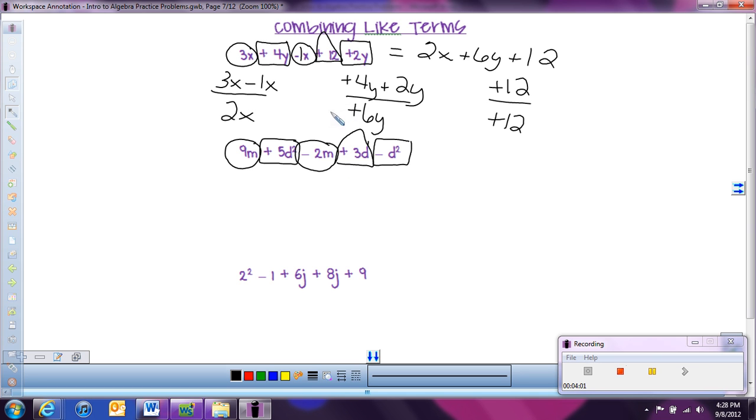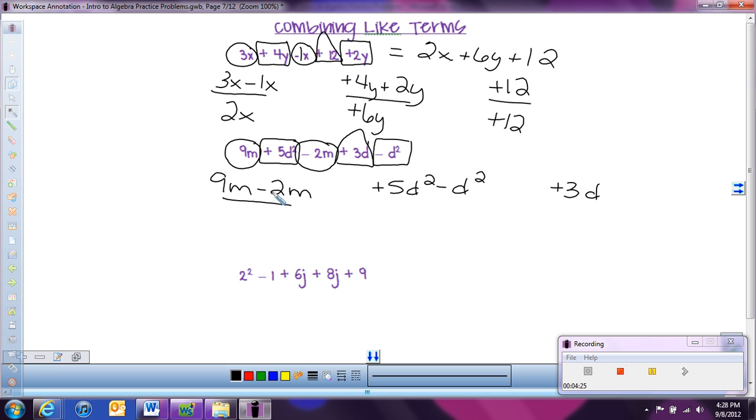Just like in this last problem, we're now going to rewrite it so that we have our like terms next to each other. So I have a 9m minus 2m. I have a plus 5b squared minus b squared. And I have a plus 3b hanging out by itself. So now let's combine our like terms.